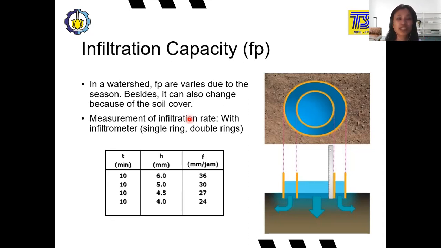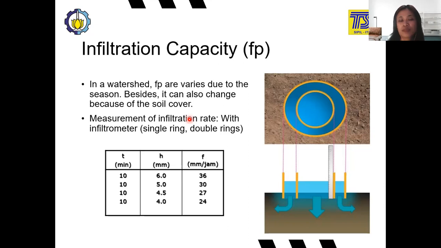So in a watershed, the infiltration capacity varies due to the season. For example, if it is a dry season, of course the soil will be dry, and because of the dryness, the infiltration capacity will be higher because there is no water in the soil.